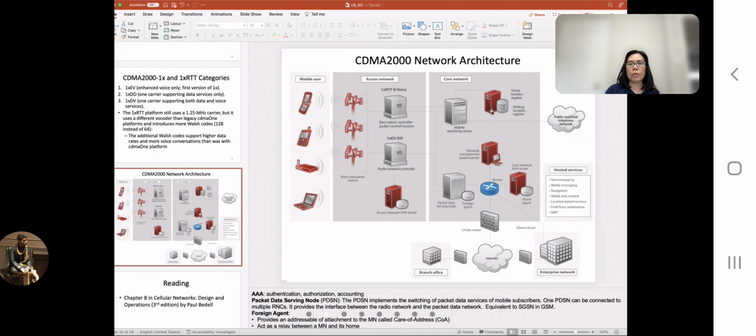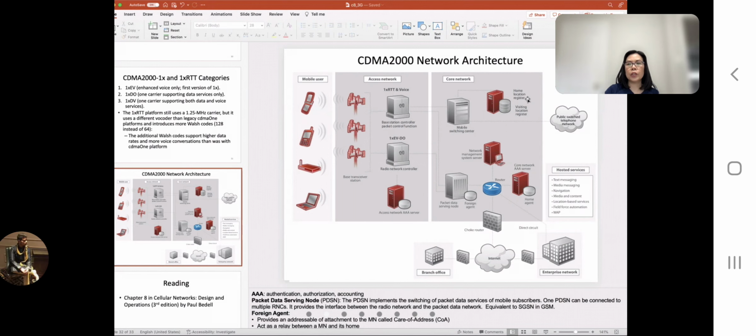In the core network, we still have the mobile switching center. We still have the home location register and the visitor location register. Here they call it visiting location register, VLR, but still VLR.